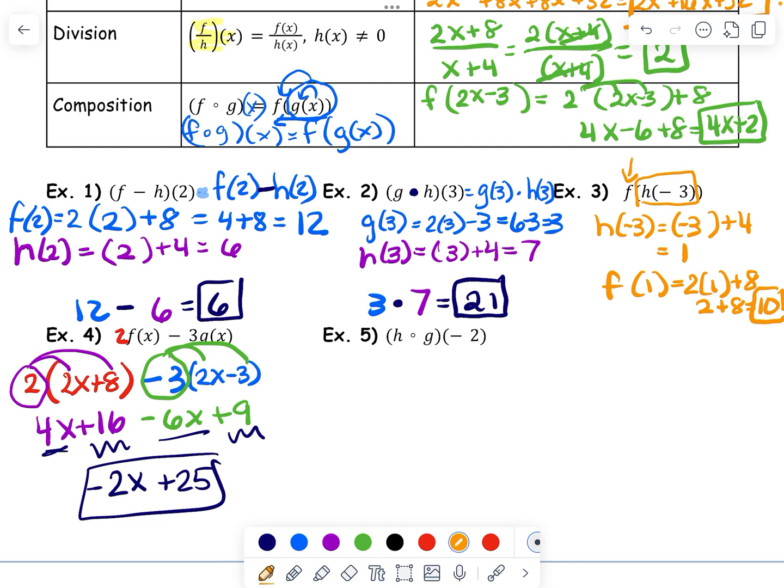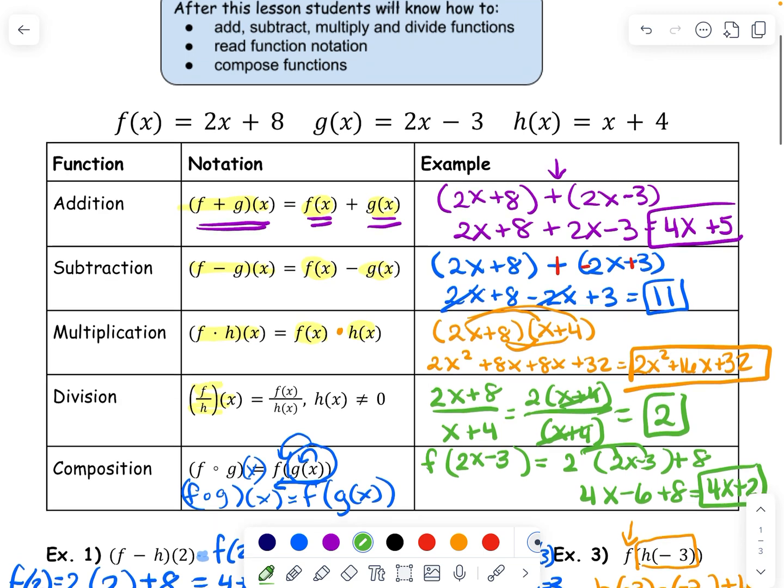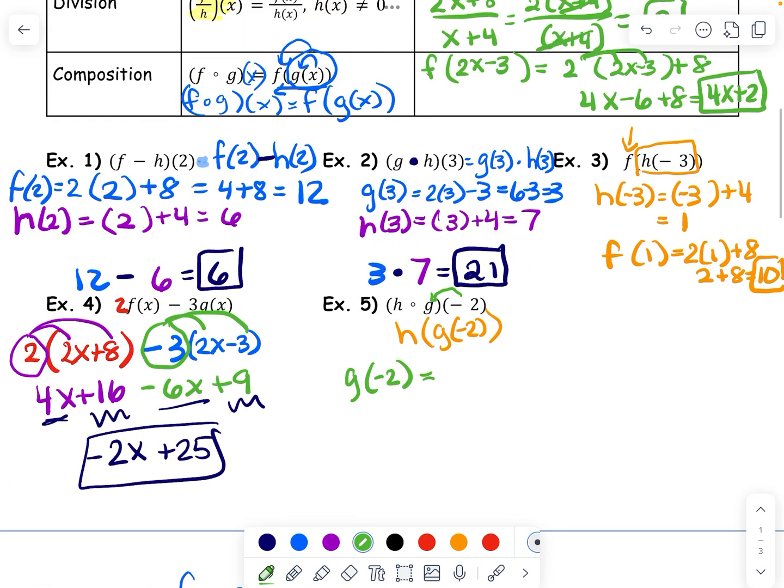Okay, last one. Again, it's a composition, and so we can write it like it is right now, or we can say h of g of negative 2, which shows you that we're going to first take that negative 2 into g. So g of negative 2, g is 2x minus 3.